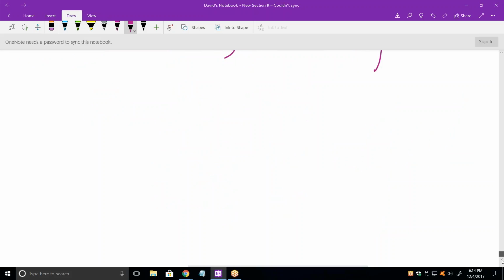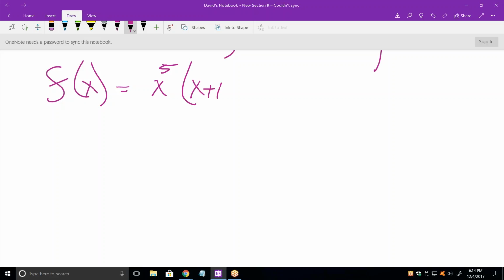And then my last one is f of x equals x to the 5th, parentheses, x plus 17, close them, to the 4th. What are my zeros and multiplicity? So the first 0 is 0 with a multiplicity of 5.